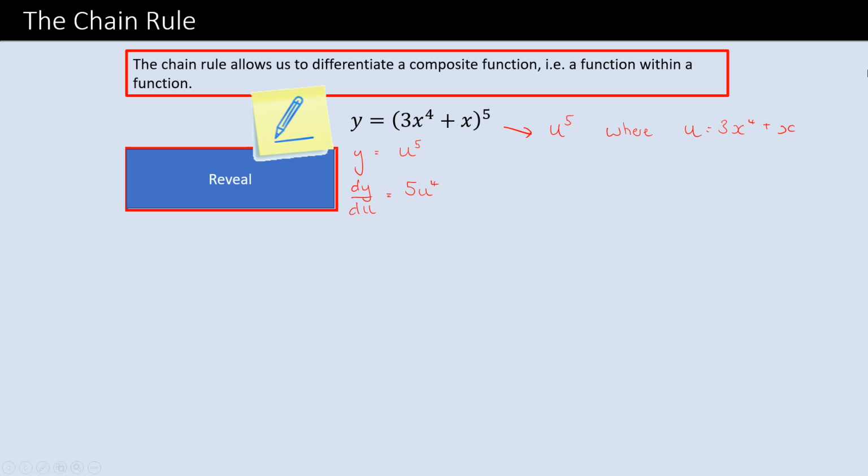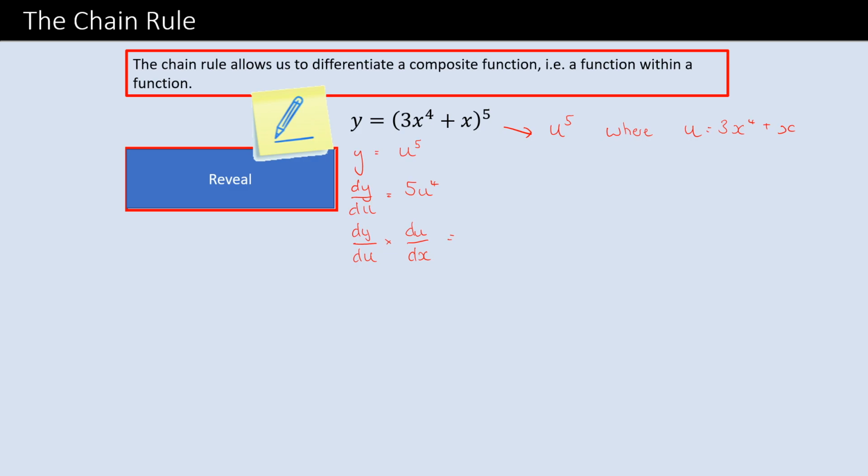But we're not trying to find dy by du, we're trying to find dy by dx. And that's where we do something a little bit interesting. We're going to multiply by du by dx. So we're going to find dy by du, which we've just done, and then times by du by dx.